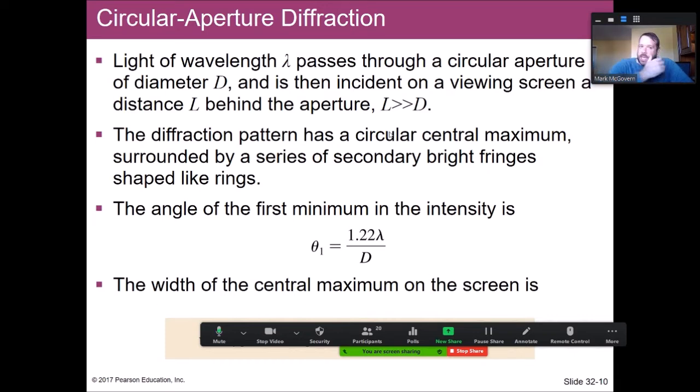Another side application here is to consider not rectangular slits. There are a lot of applications that utilize circular apertures. The most direct example is in astronomy, when we want to determine the resolving power of a telescope.